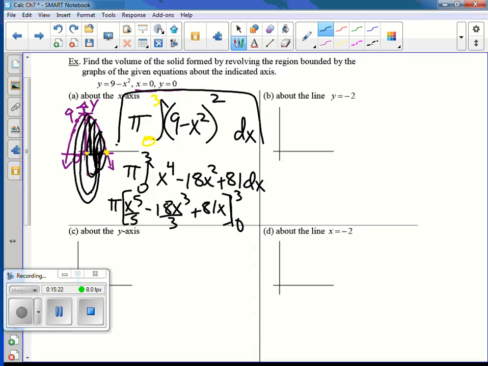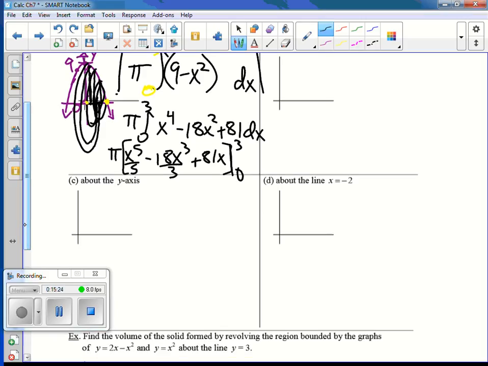Okay, and then what do you do after this? You just substitute in 3. And of course, if we substitute in our lower limit, it's going to be 0. So when we subtract it, we're basically subtracting nothing. So this will just be pi times 3 to the 5th over 5 minus 18 divided by 3 is 6, and 3 cubed is 27, so that's 6 times 27, plus 3 times 81, which will be 243.